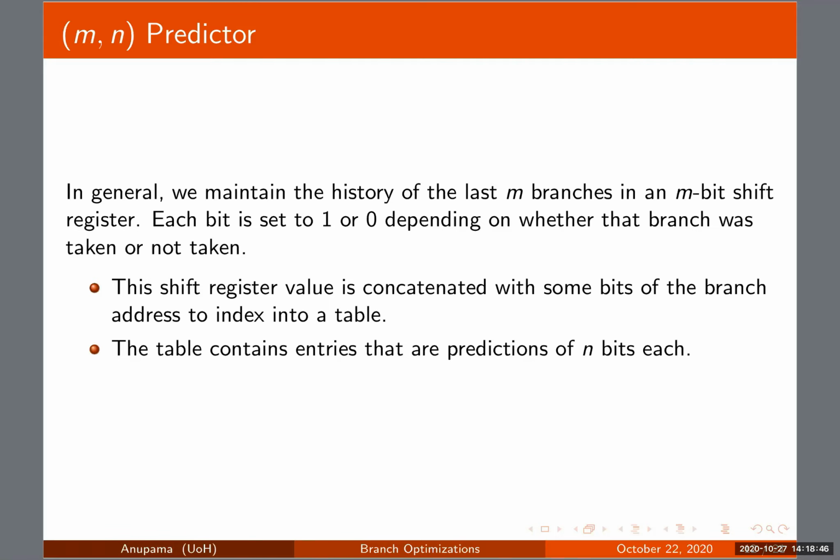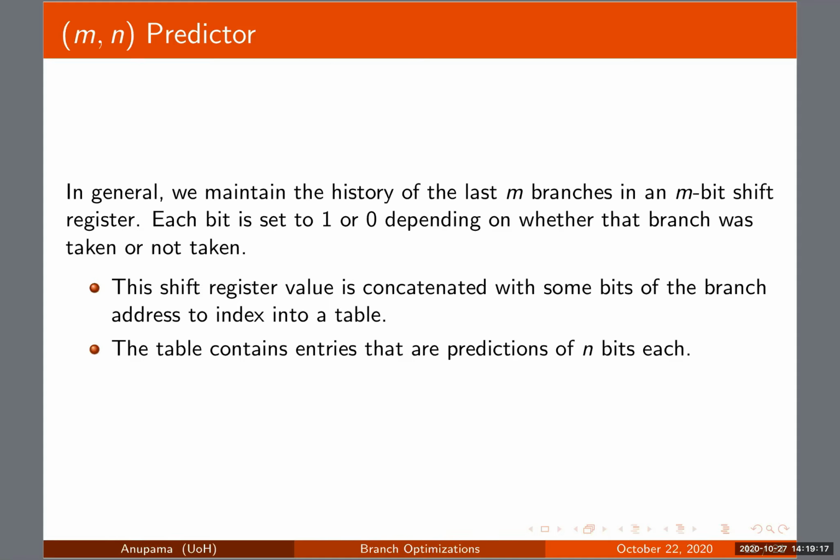I think some or all of you are familiar with the shift register. Basically, we shift it to the left or to the right, whichever way we want to look at it. If we take the leftmost bit to be the latest branch, then we shift right and set the leftmost bit to either 0 or 1, depending on whether the latest branch was taken or not taken.